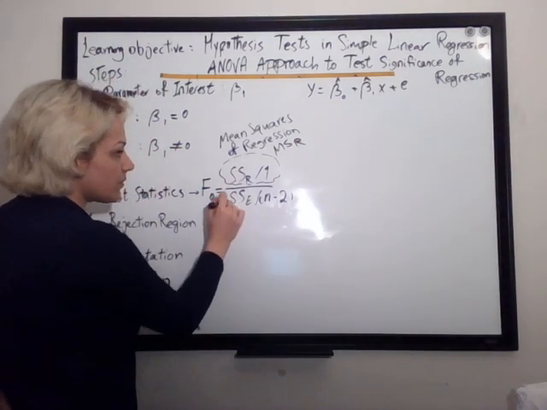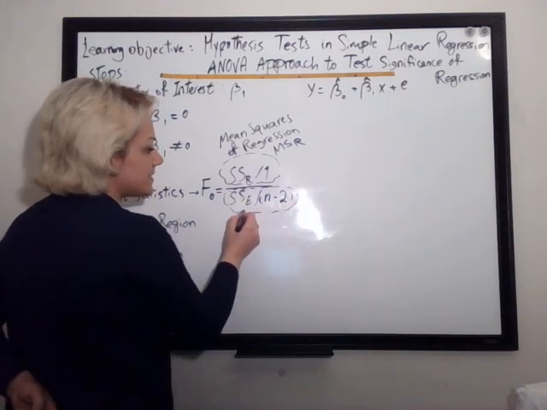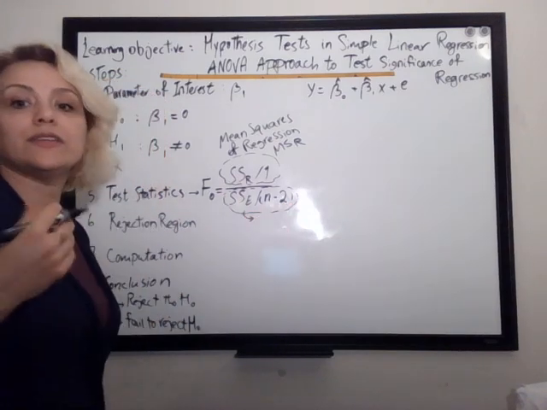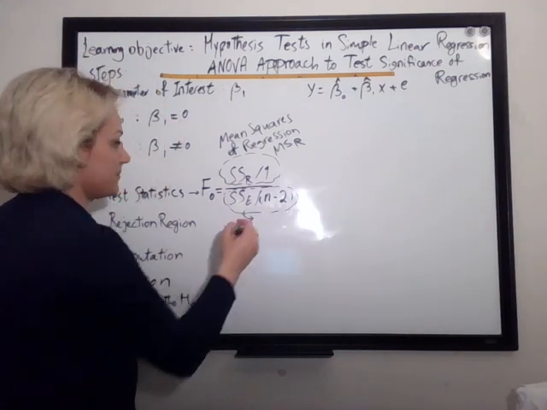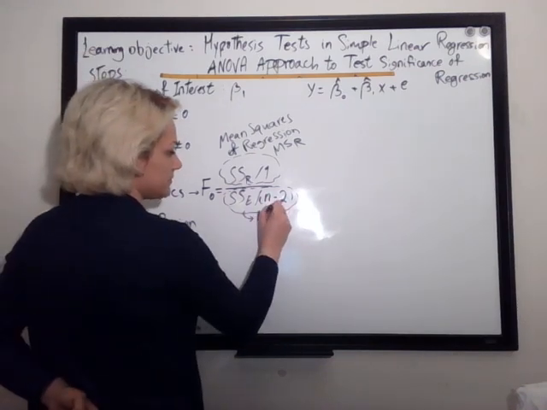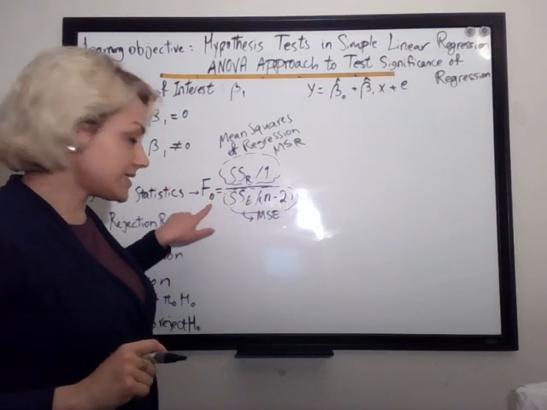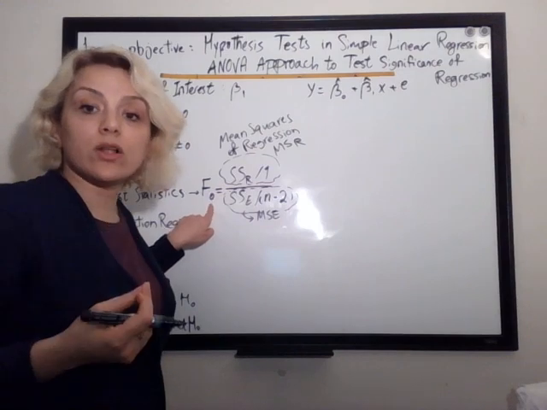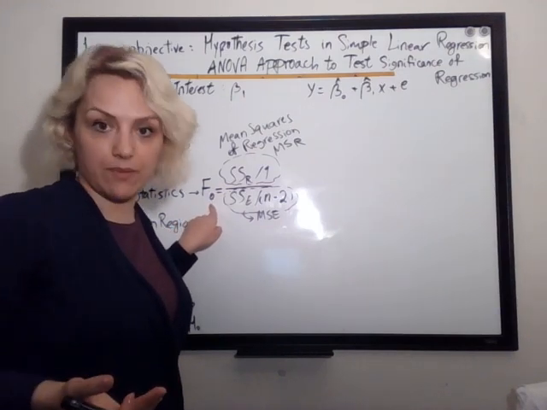Another name for the denominator is the mean square of the error, which we show by MSE. As I said, this F null is a result of the ANOVA table, the analysis of variance table.